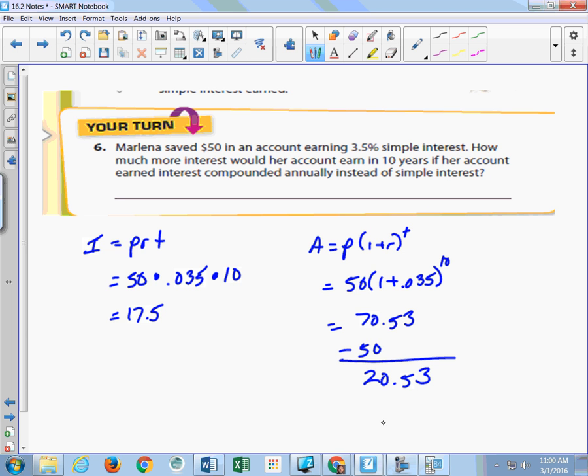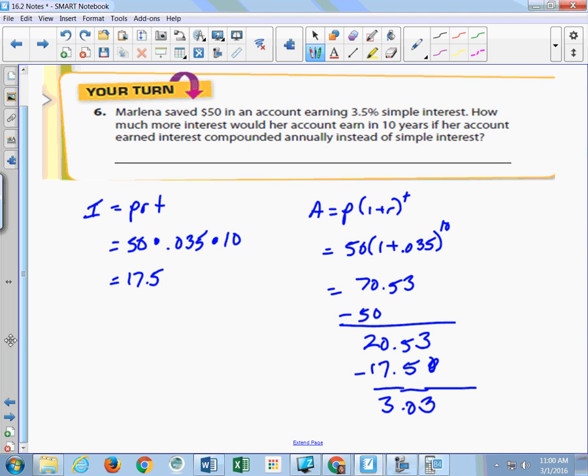Well, subtract the $17.50 from it. And that's $3.03. So our answer here is $3.03.